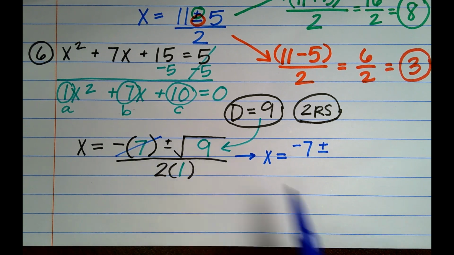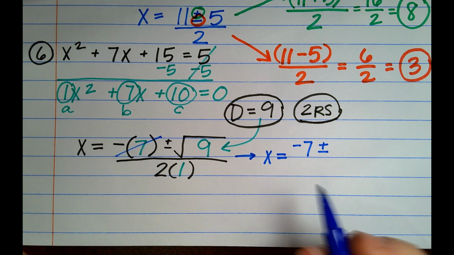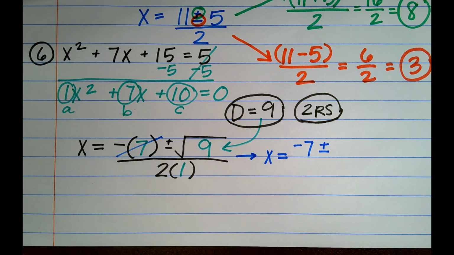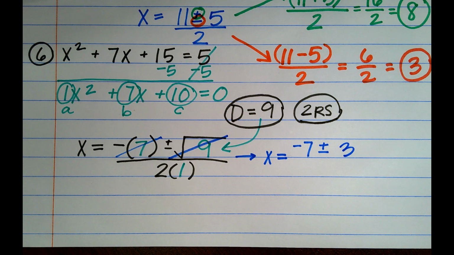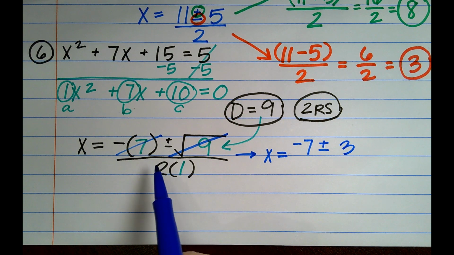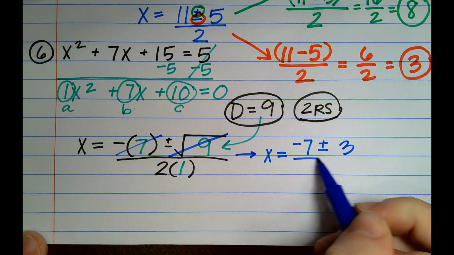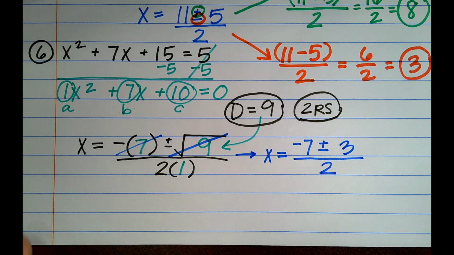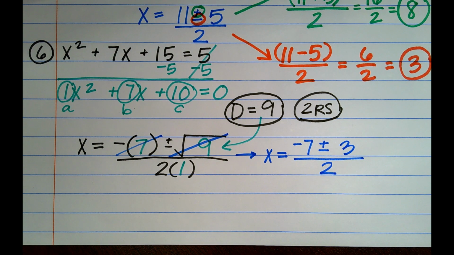What is the square root of 9? 3. 3 times 3 is 9, so 3 is the square root. Okay, and last but not least, 2 times 1 is 2. And we've simplified everything we can.